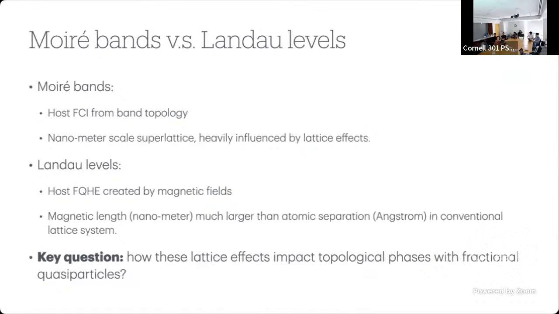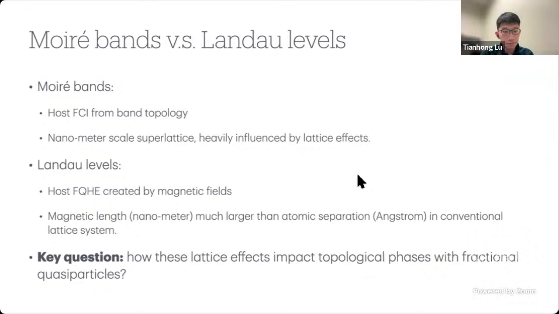Quantum phase transition between what and what? What phases? I'm going to introduce it later, but for example, lattice parameters will impact the composite fermion gap. So with gap closing and reopening, there are quantum phase transitions. Thank you. Okay, thanks.